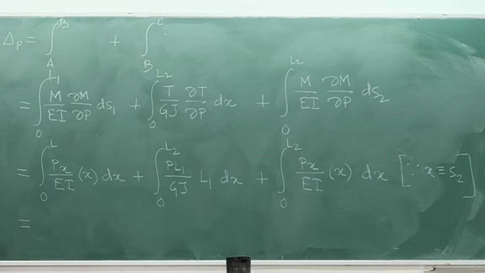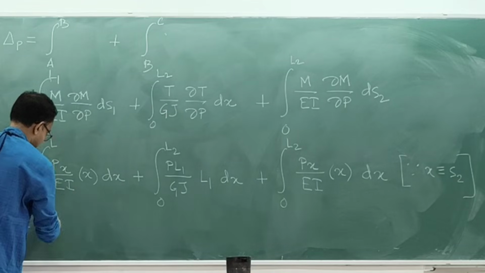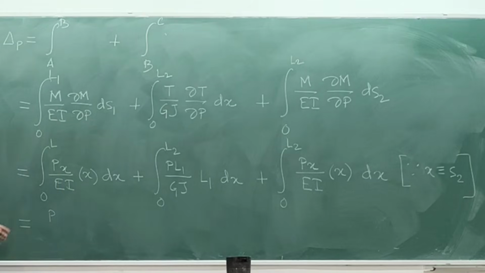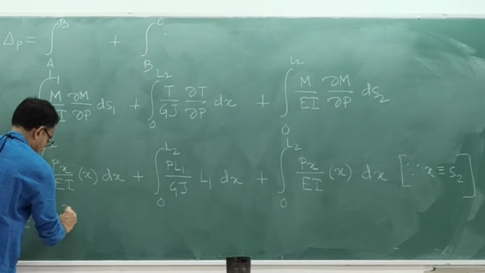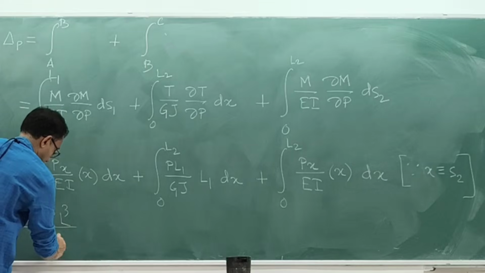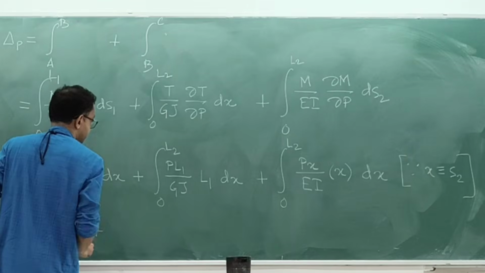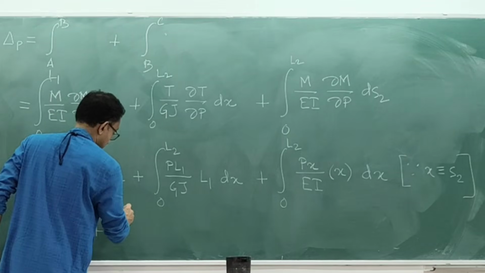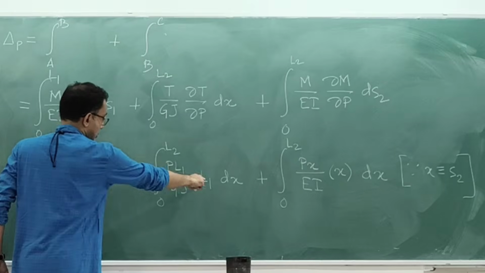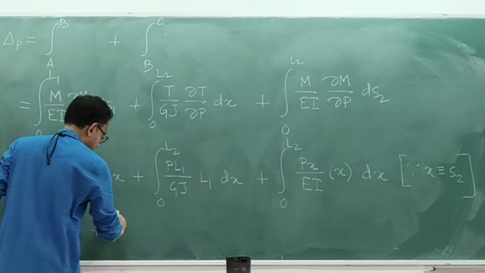Now because I have run out of space, I will skip one step and write down the answer. So P x square. X square means this is L cube by 3. Plus this is PL1 square by GJ coming outside.